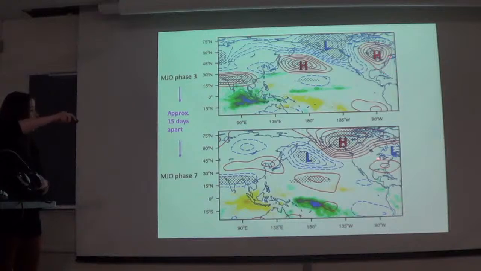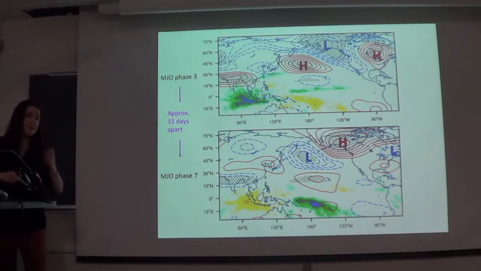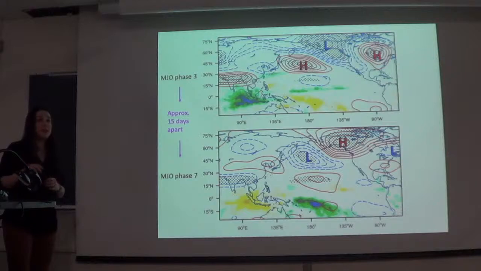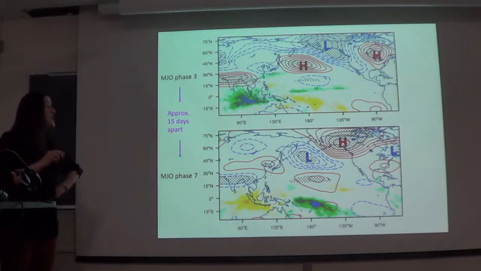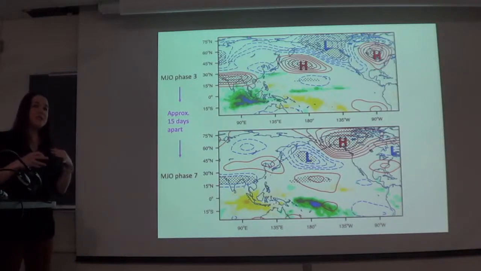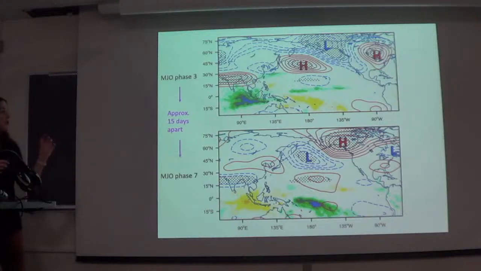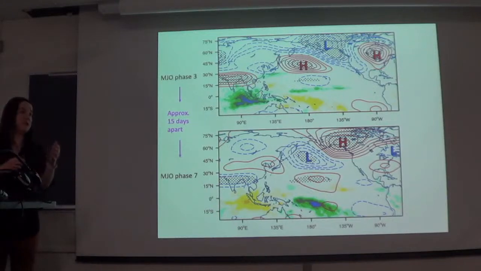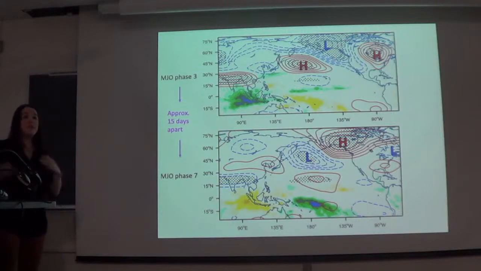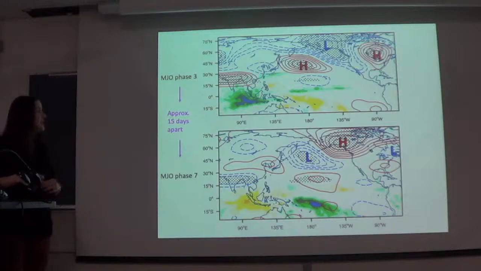Over North America, you start to get some nonlinearities that take place, partly due to topography, and composites also help to average out the noise. In reality, if you look at individual events, there are going to be differences due to internal variability and interactions with whatever else may be going on, but the composite helps to average some of that out.